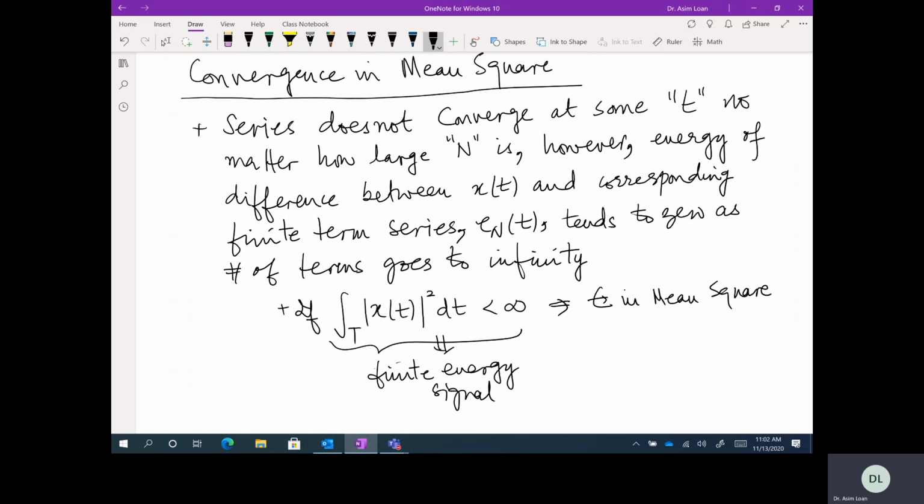This will always happen. Whenever you have a finite energy signal, this implies convergence in mean square, and this is what the equality is. So this is the equality in the Fourier series representation.